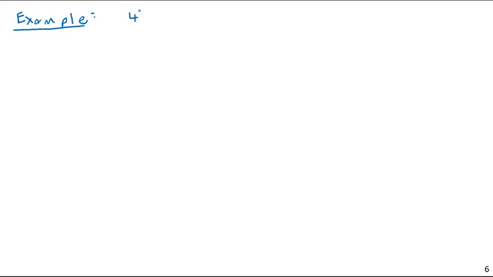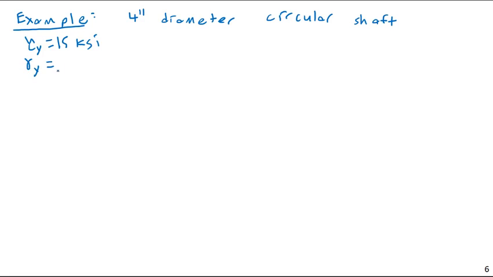And I'm also told that the yield shear stress is equal to 15 ksi, and the yield strain is 0.001 radians, the gamma. And of course, because it's 4 inches, we know that the radius is 2 inches.